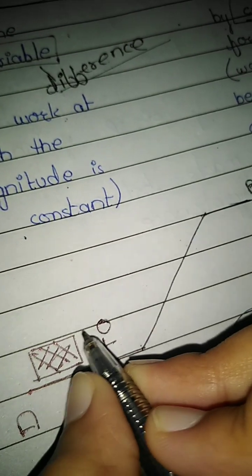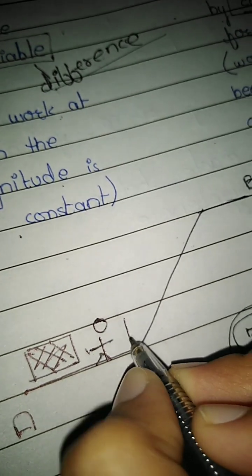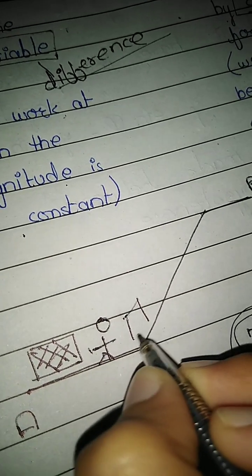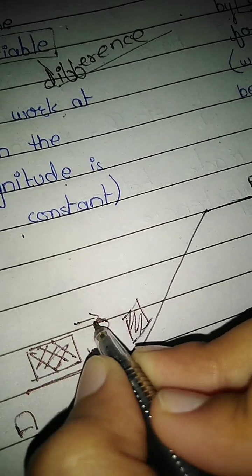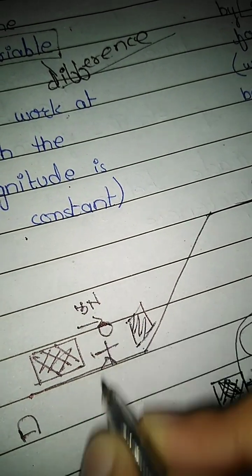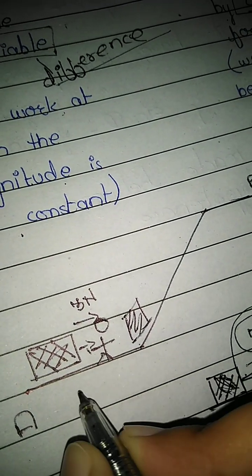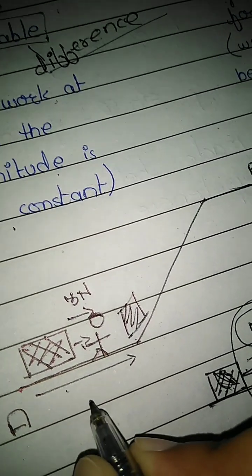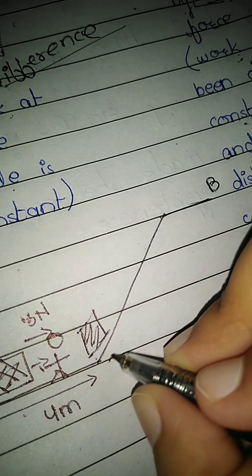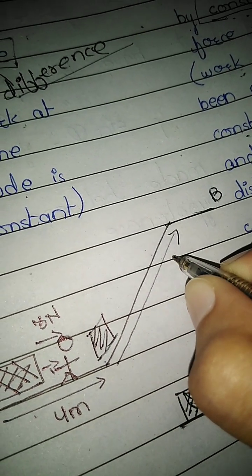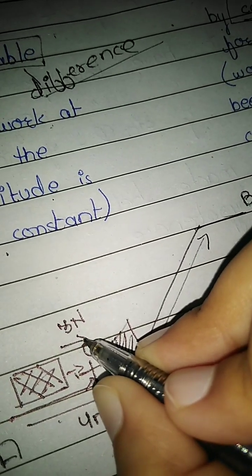Now when the person applies force to make it cover the distance till here, he will apply the force of 3 Newton, and the body will cover from here to here. It will cover the distance of 4 meter. So what about this inclined path? More force is needed.